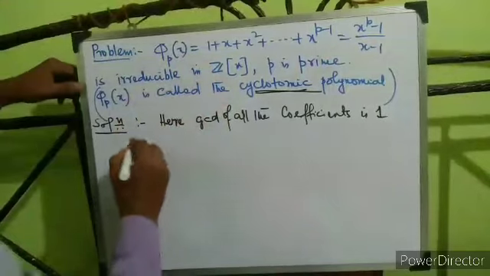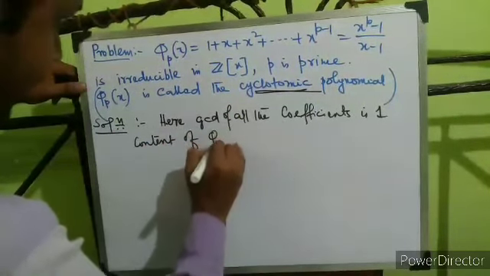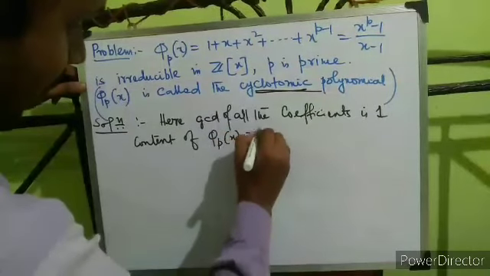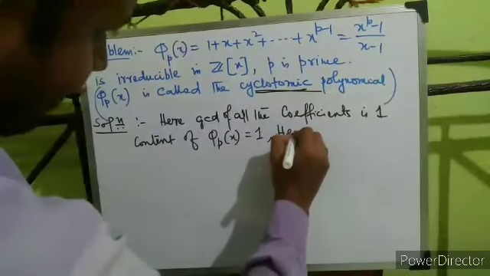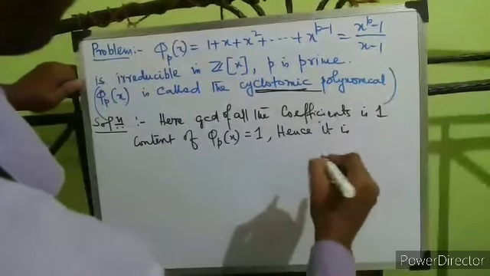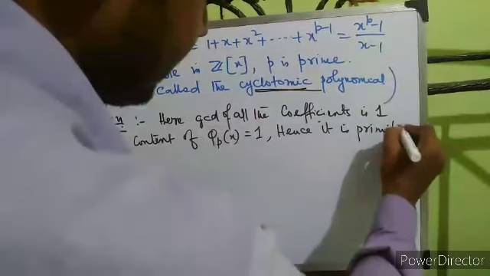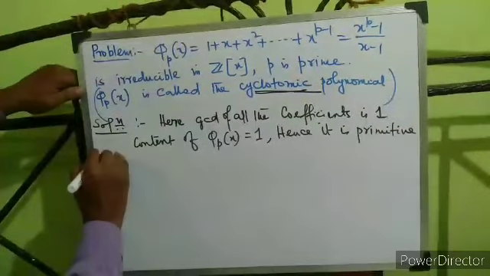So the content of phi_p(x) is 1, hence it is a primitive polynomial.